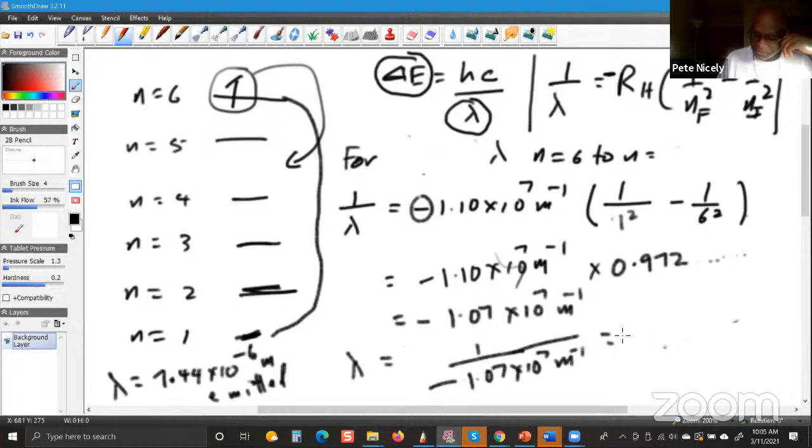So when I do 1 over that, the answer I got is 9.35 times 10 to the minus 8 meters. And again, there's a minus sign here.